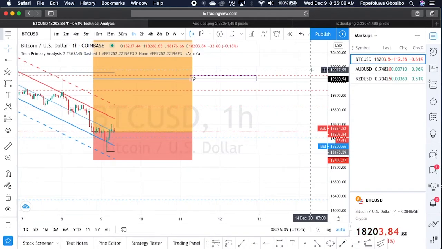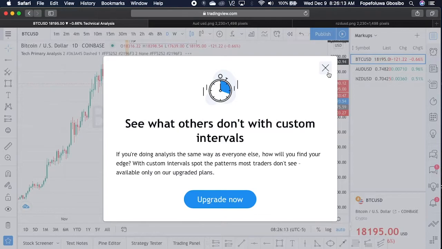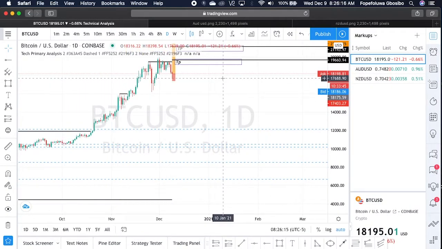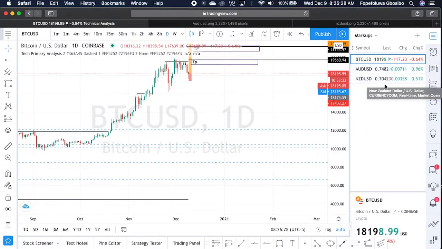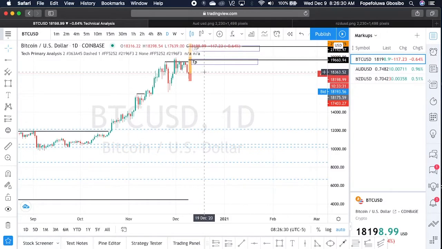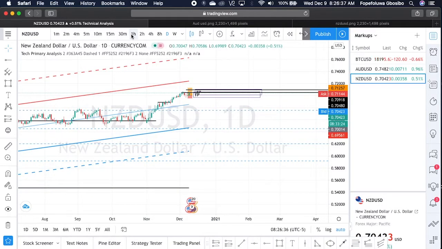It's going to get to 19, and then it's going to get to 20, and 21 possibly. I'm going to explain how I took the trades. Alright, so I'm going to start with the NZD USD first.